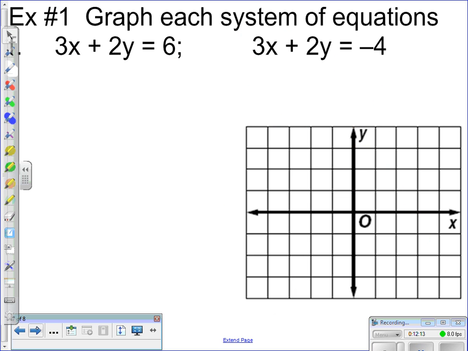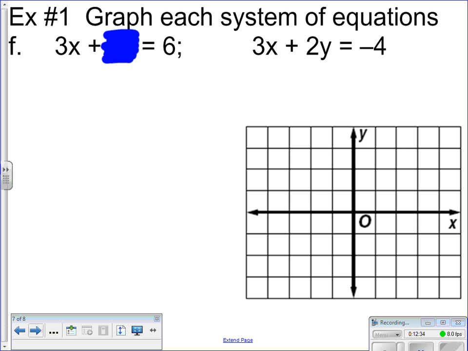Okay, F. If you'd like to try these, pause. All right, with the first one, again, we're in standard form. So I'm going to cover up my y. Divide by 3, and I'll find out the x-intercept is 2.